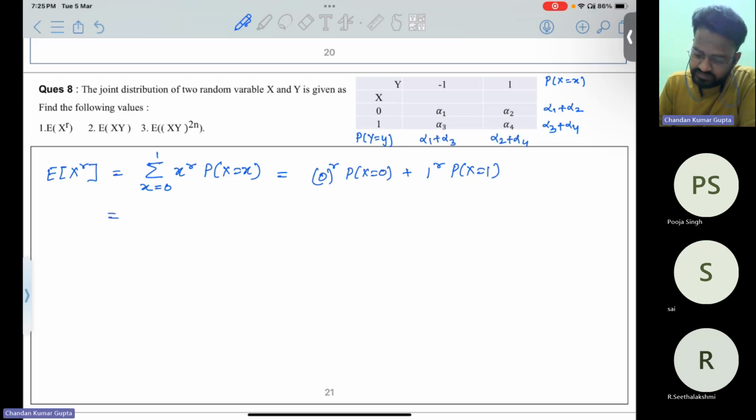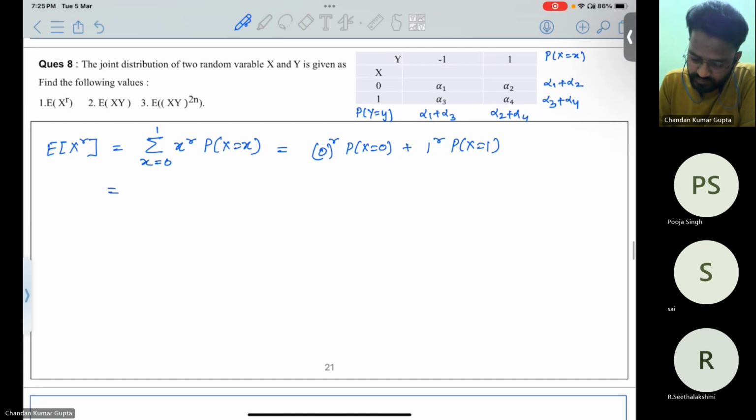That means 0 plus 1 into probability that x is equal to 1, which is alpha 3 plus alpha 4. This comes out to be alpha 3 plus alpha 4.